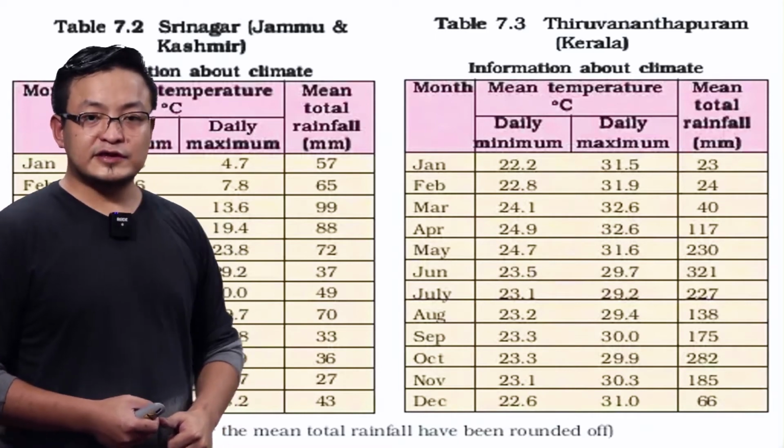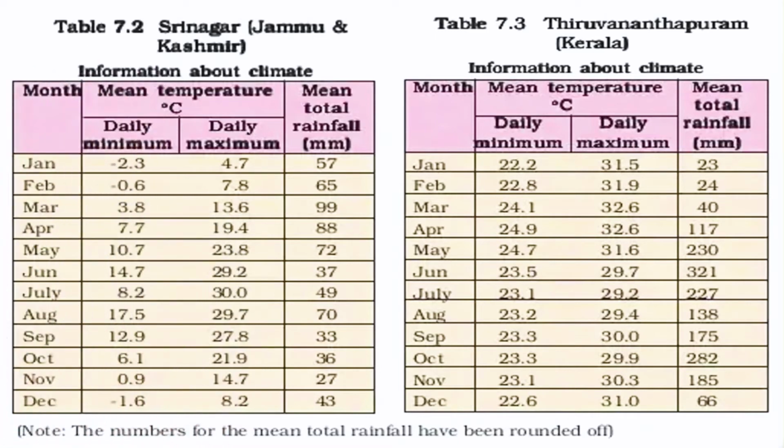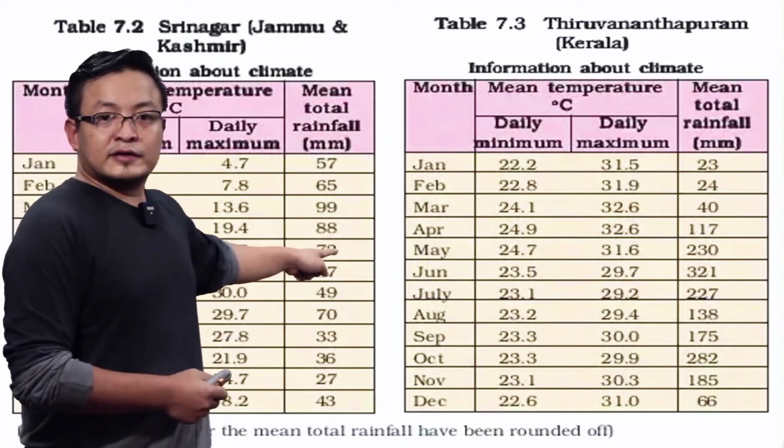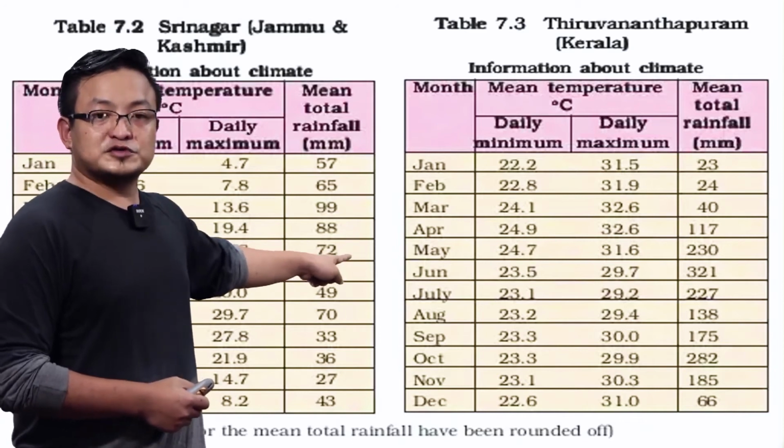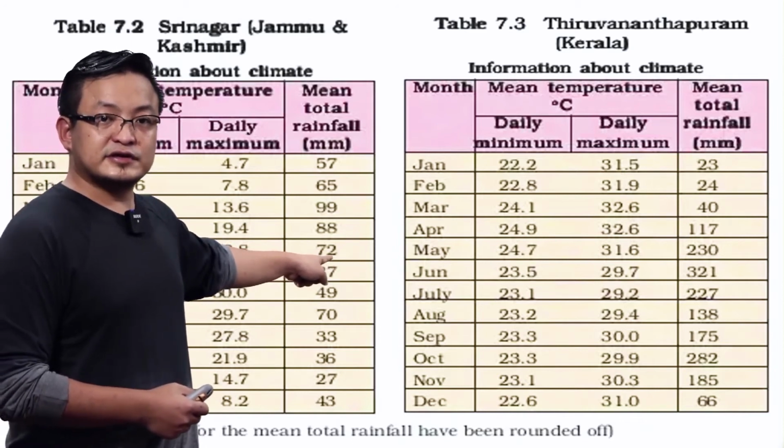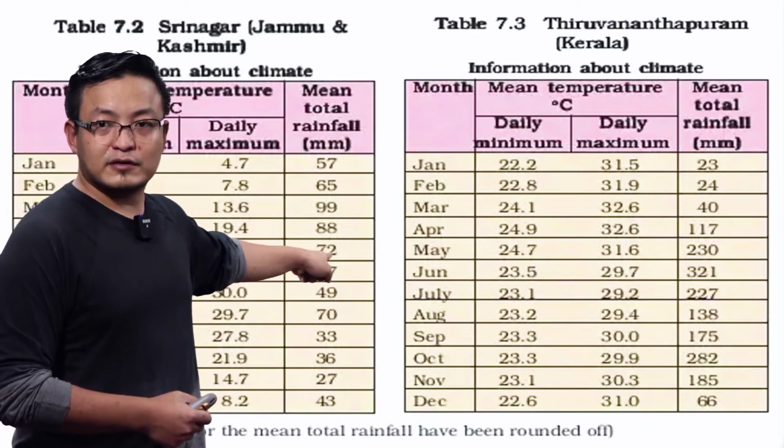But students, if we go down here to the months of May, June, July, do you see the difference in the amount of rainfall? In May, the amount of rainfall recorded in Srinagar was 72 millimeter, right?